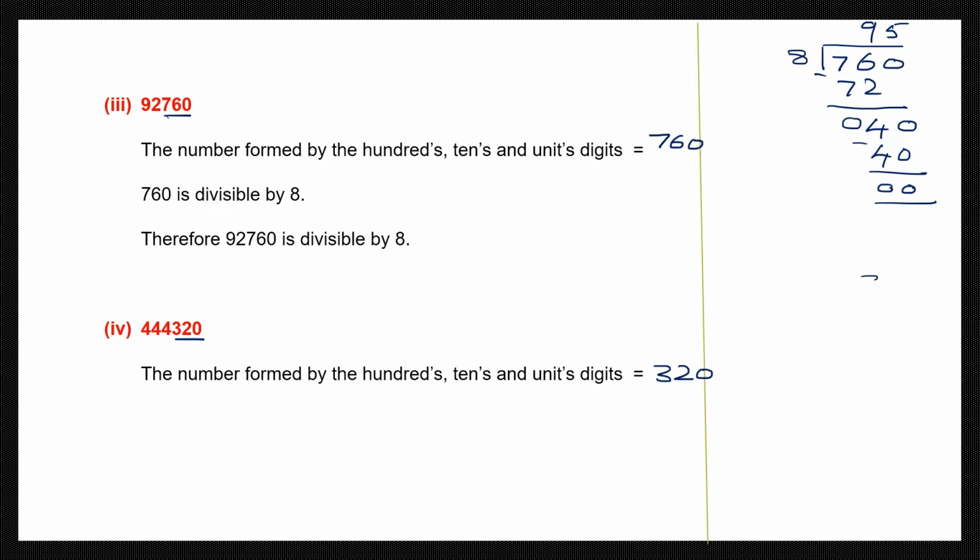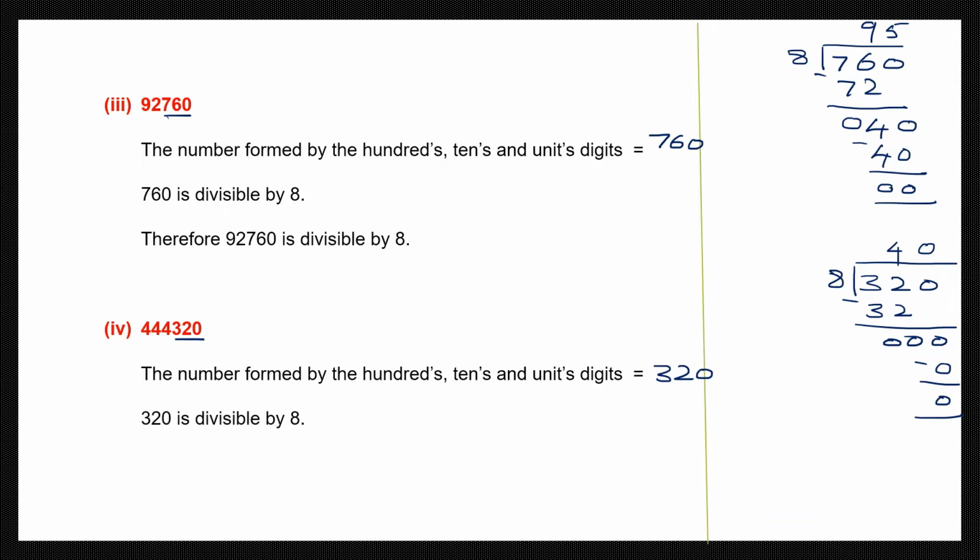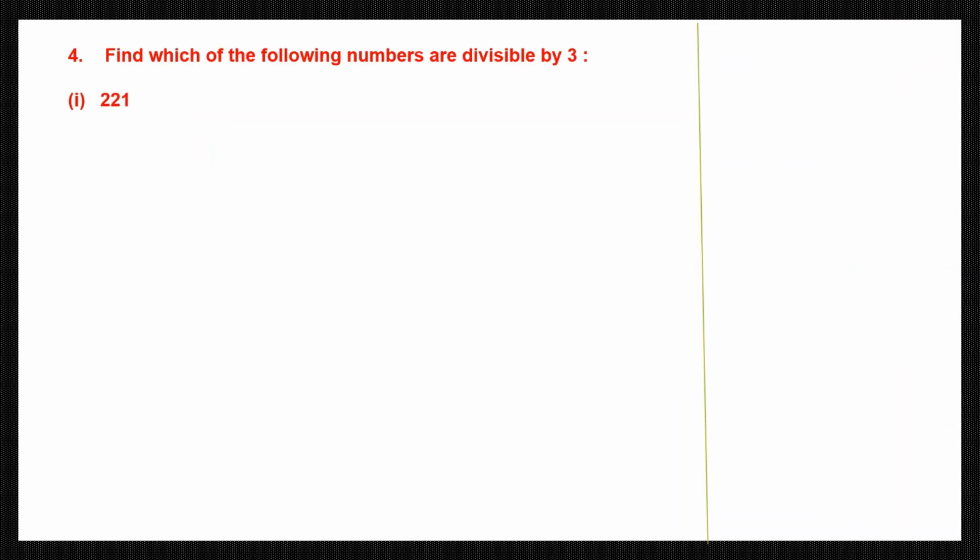Let's see if that is divisible by 8. 8 fours are 32. Then we have 0 and our remainder is 0. That means 320 is divisible by 8. If that is divisible by 8, then 4,44,320 will also be divisible by 8.